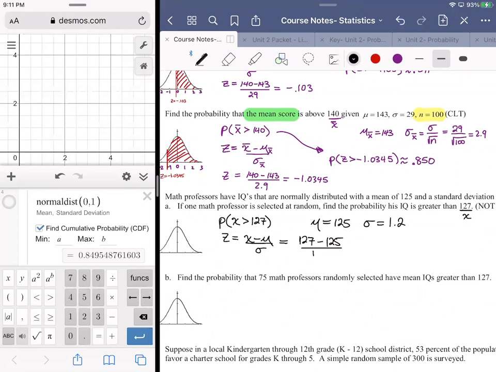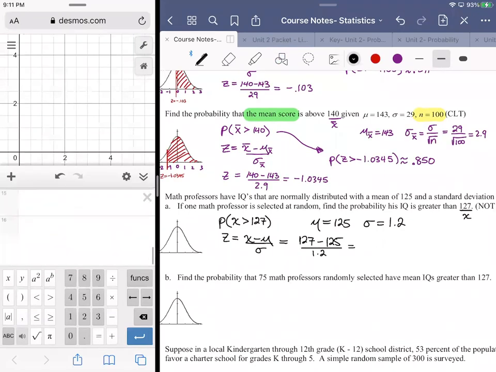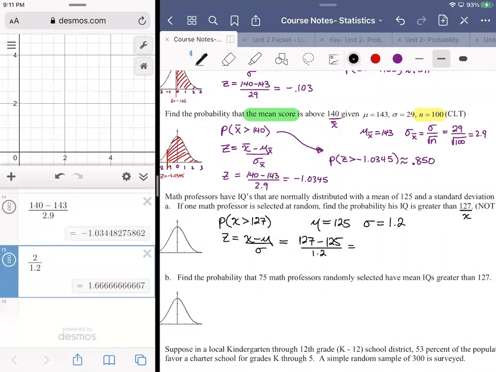So I can crunch those numbers. It's 2 on the top, 2 divided by 1.2, about 1.67. I'll put that in fraction form, 5/3. So this translates to the probability that Z is greater than 5/3.